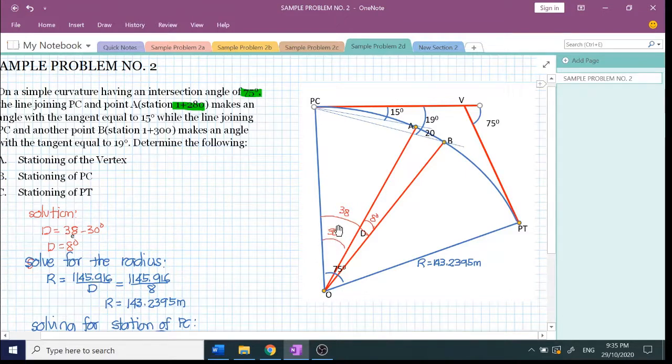Sa makatwid, inaasahan natin na from PC to point A ay mayroong several full stations, because bawat full station will only subtend an angle of 8 degrees. So kung meron tayong 30 degrees, asahan natin that there will be 3 more full stations between PC and point A. So, di ba?